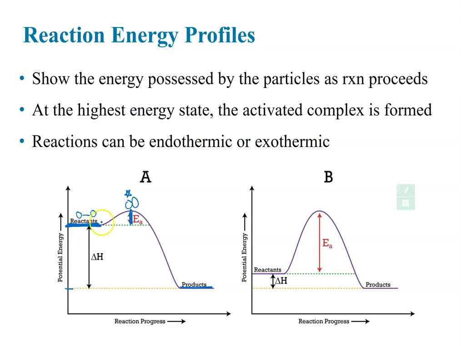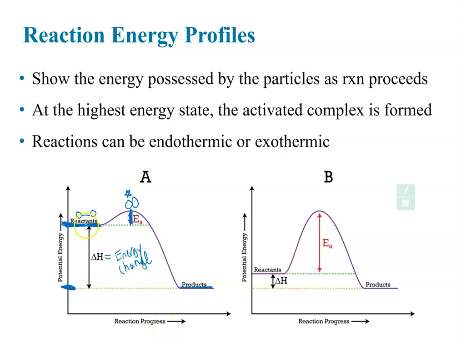But if you look at just the difference between the energy in the reactants and the energy in the bonds of the products, that difference is called delta H. In a sense, this is the overall energy change. Remember, delta means change. Energy change of this reaction.